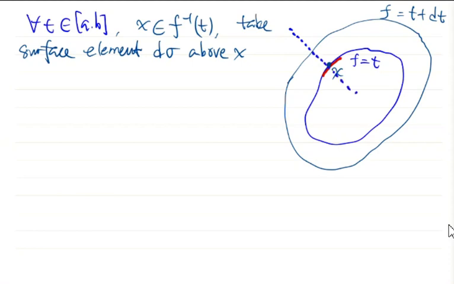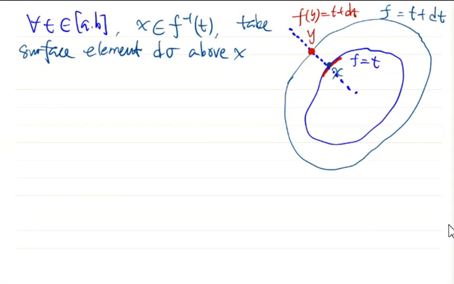This normal line will intersect f equal to t plus dt at a point. This point we denote by y. That is, from the point x, we draw a normal line of the surface f equal to t. This normal line will intersect the nearby surface f equal to t plus dt at a point y. So that is to say, f of y is t plus dt.